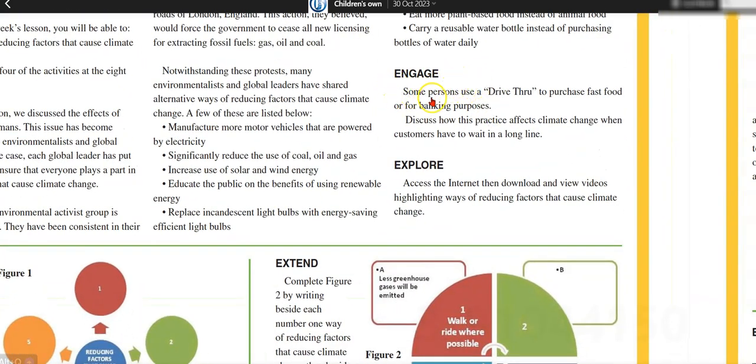Engage. This section says, some persons use a drive-thru to purchase fast food or for banking purposes. Discuss how this practice affects climate change when customers have to wait in a long line. Okay, so drive-thru. KFC drive-thru, Popeyes drive-thru. NCB, the teller drive-thru.